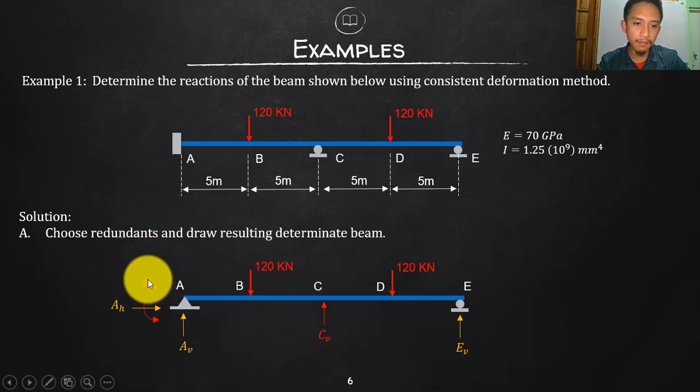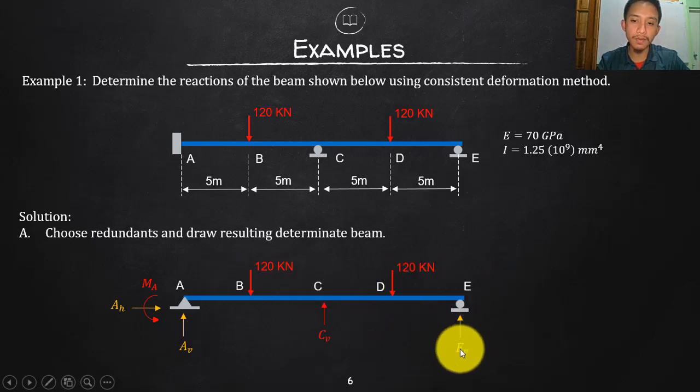Whatever the value of the moment at A, I will write that as M sub A, and C sub V since that is the vertical reaction at C. Whatever values I solve from my compatibility equations, I will apply as loads together with the 120 kilonewtons.